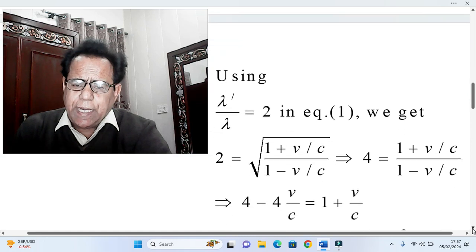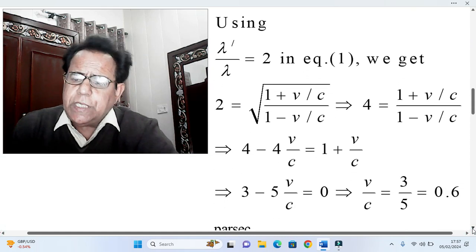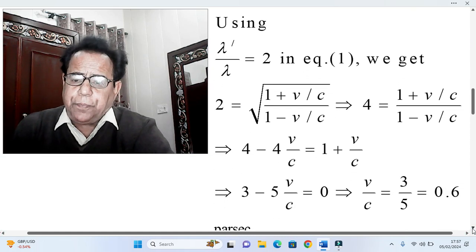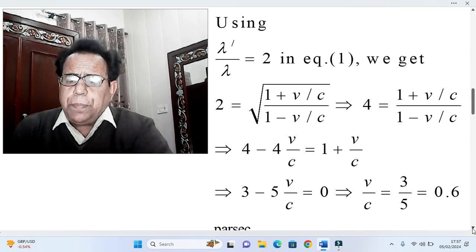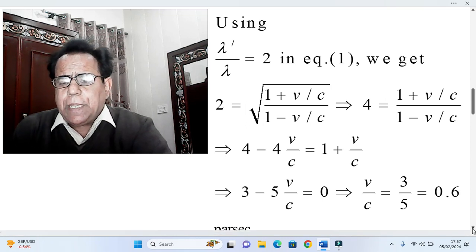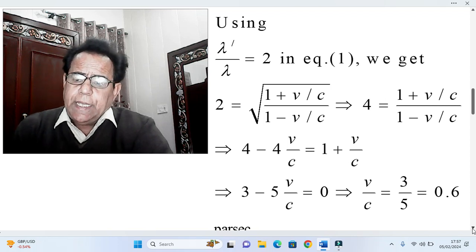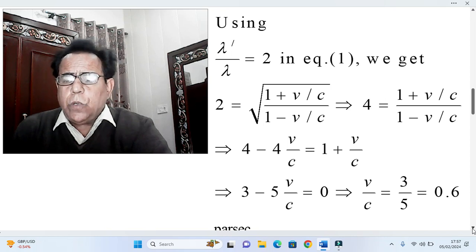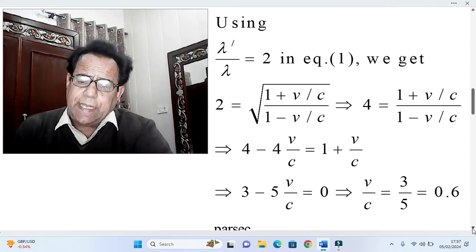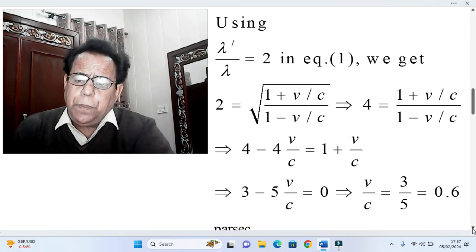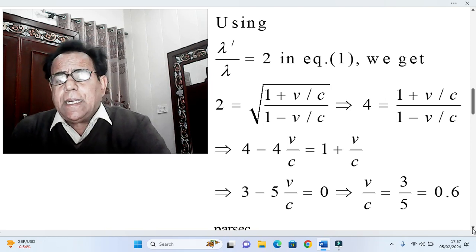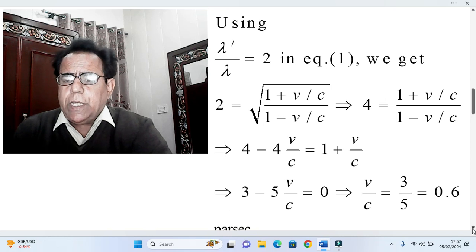Using lambda dash over lambda equal to 2 in equation number 1, we get 2 equal to the square root of (1 plus v over c) over (1 minus v over c). We can take square on both sides. Then 2 will become 4 and the under root on the right hand side will disappear.